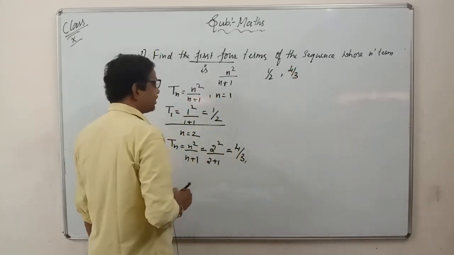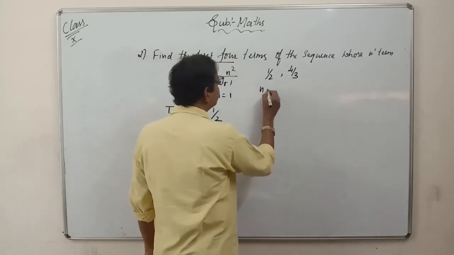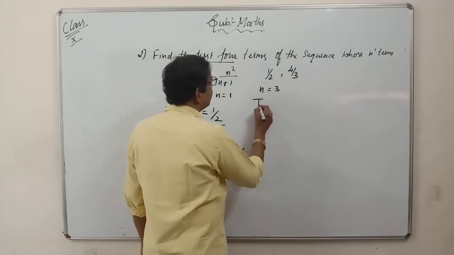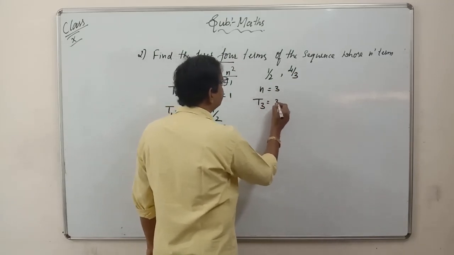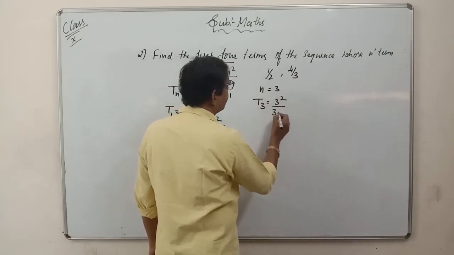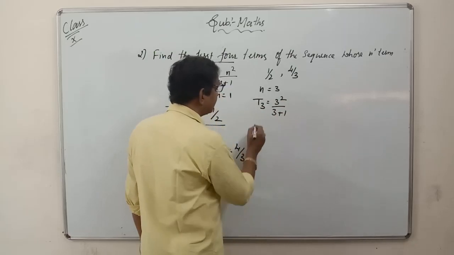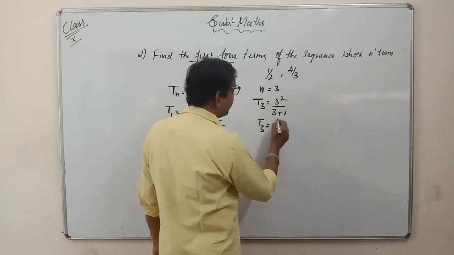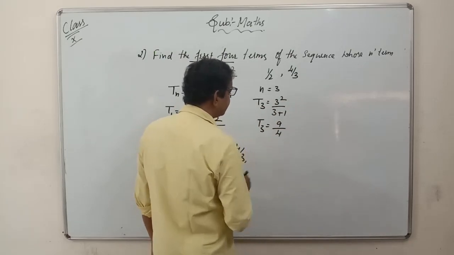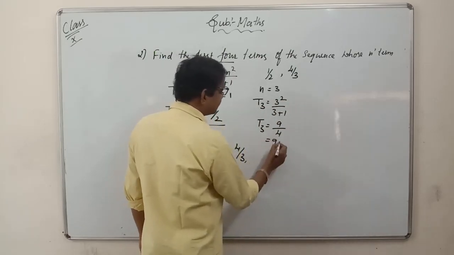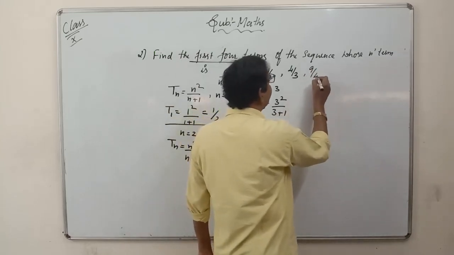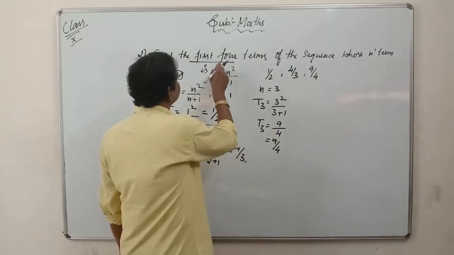Now we can find the third term, n equals 3. The equation is T3 equals 3 square by 3 plus 1. 3 square is 9 and 3 plus 1 is 4. So T3 is 9 by 4. And he is asking 4 terms.